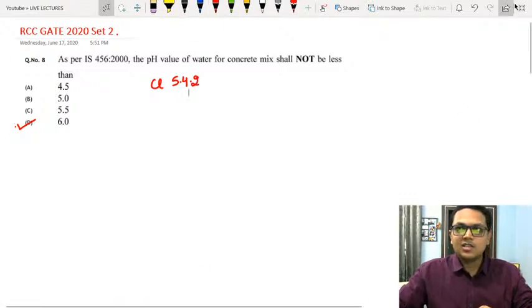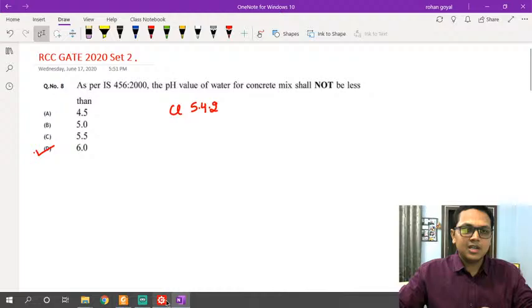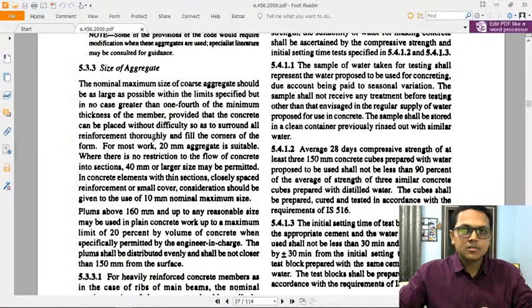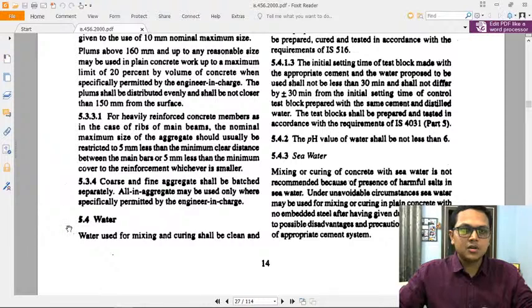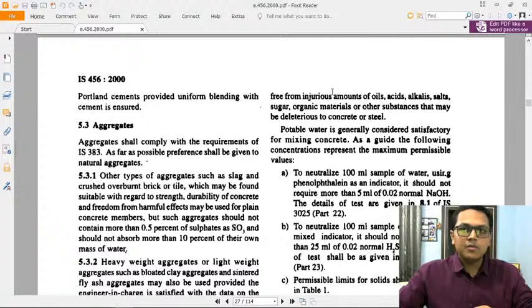Let us look into the IS 456 2000 and see what this clause says. Over here I have opened this clause. Clause number 5.4 is on the water. So what type of water shall be used in the preparation of the concrete mix? Water used for the mixing and curing shall be clean and free from injurious amounts of oil, acids, alkalis, salt, sugar, organic materials or other substances that may be deleterious to concrete or steel.